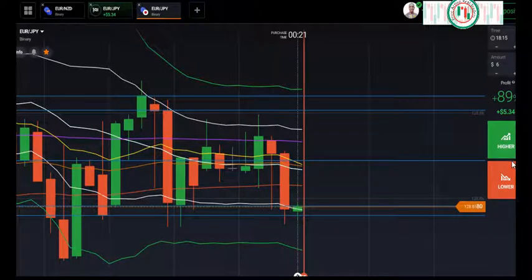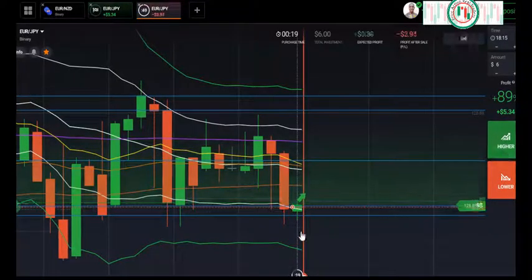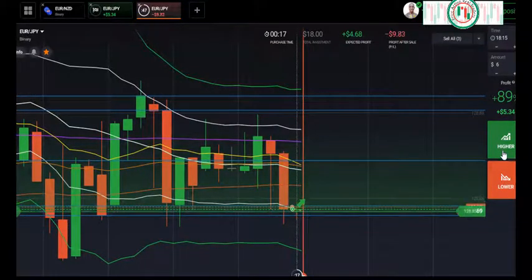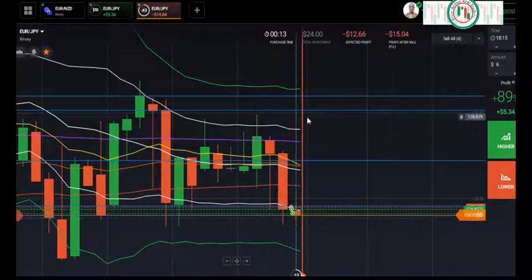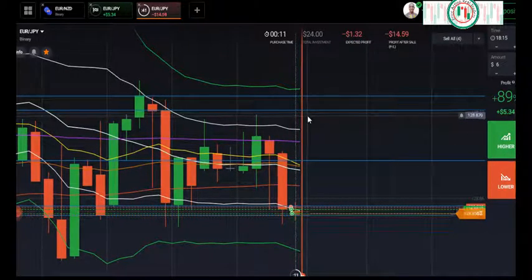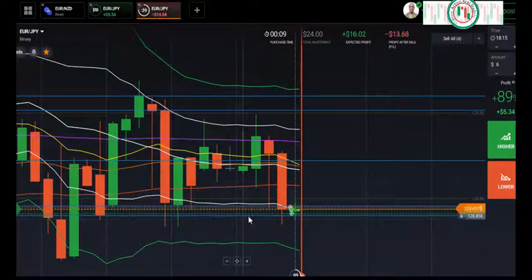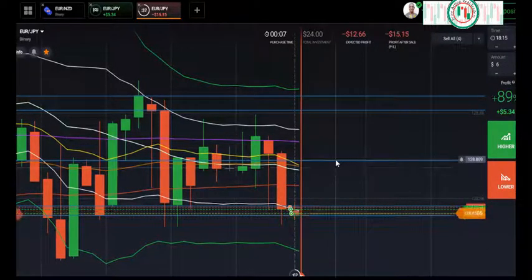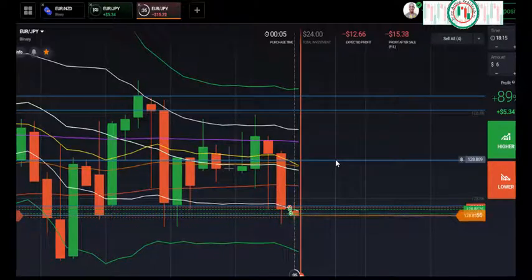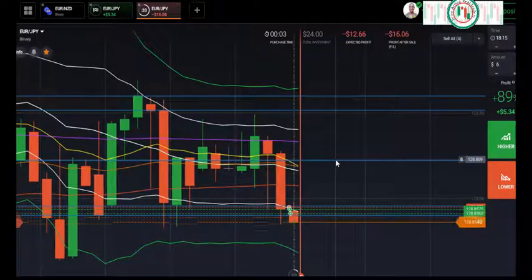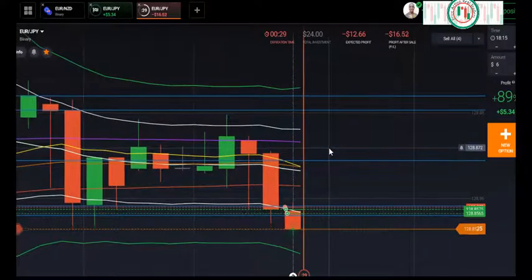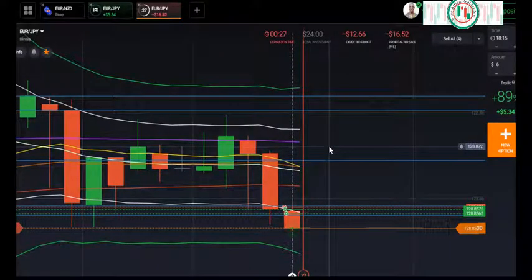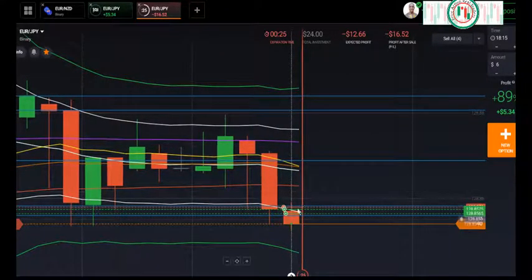So I will place my trade call option from this level because I know the market will go up from this level. It will create a green candle definitely. So that's why I place my trade call option from this level. So let's wait for the results. This candle must be green.